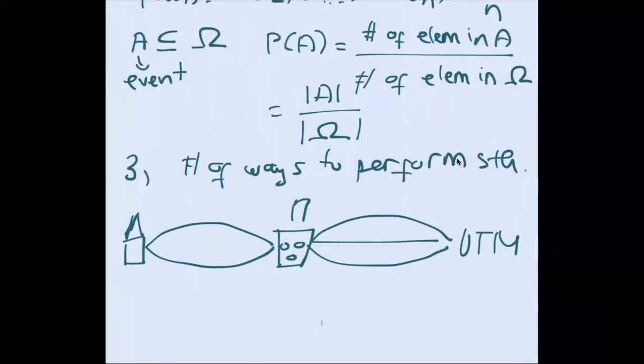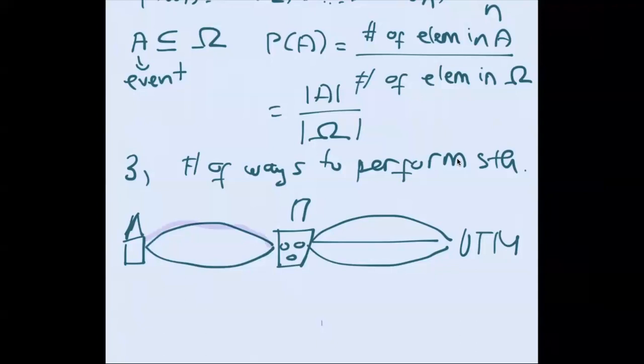So how many ways can I get from my house to UTM such that I pass through the bubble tea store? This is the first way I can get from my house to the bubble tea store. And once I get here, I want to go to UTM, right?